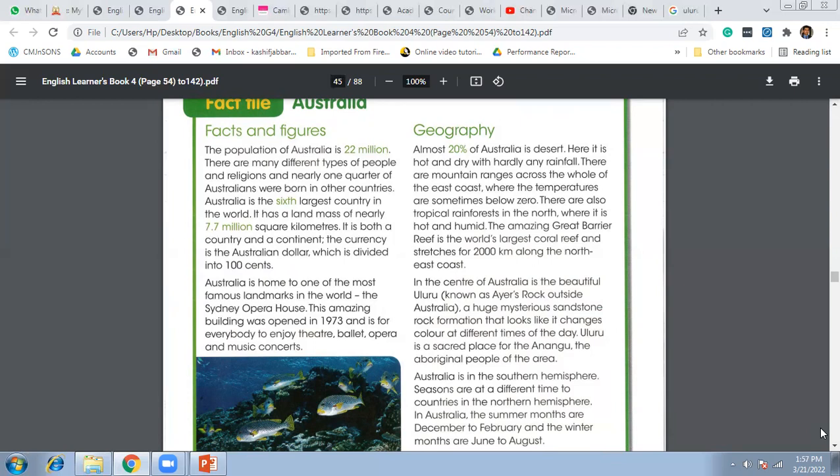If we talk about the geography of Australia, almost 20% of the area of Australia is desert. Here it is hot and dry with hardly any rainfall. There are mountain ranges across the whole of the east coast where the temperatures are sometimes below zero.